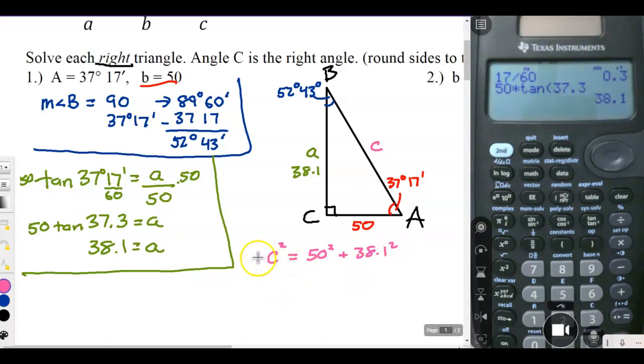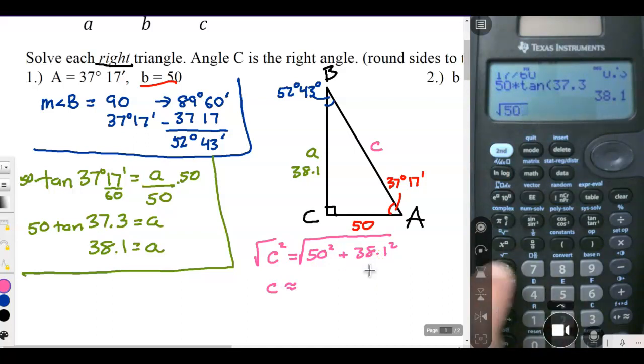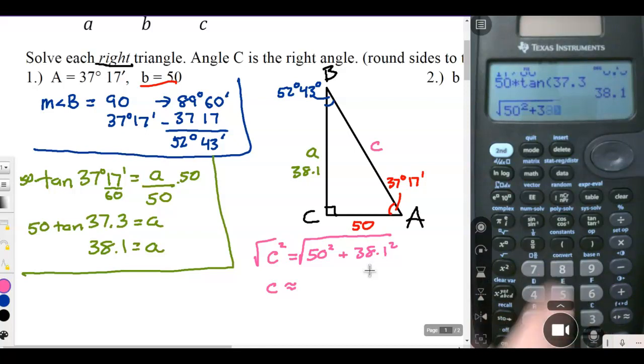Of course, all I need to do is square root both sides. C will be approximately, I'll just put that whole thing in the calculator, 50 squared plus 38.1 squared, and I get 62.9.